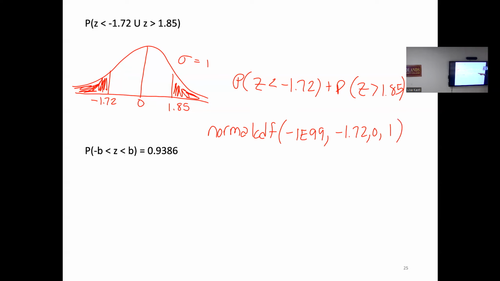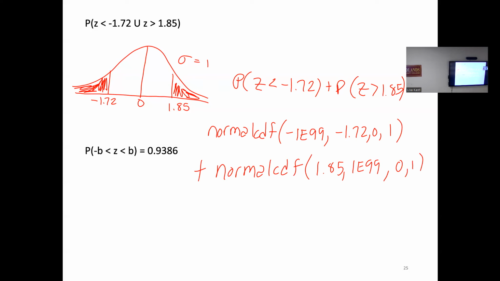So we're going to look at from as far negative as we can get to negative 1.72. And then we're going to add to that, going from 1.85 to a really big number, as far right as we can go, 0, 1, and we add those two together.